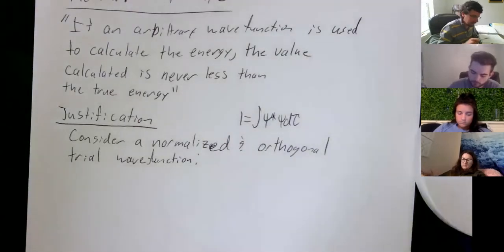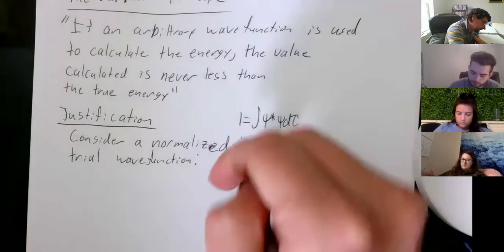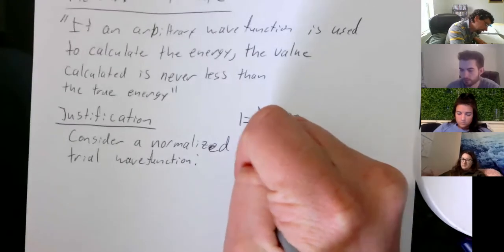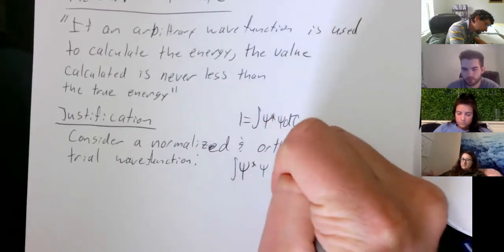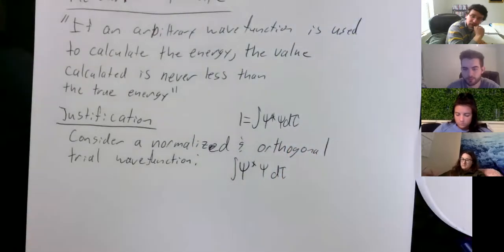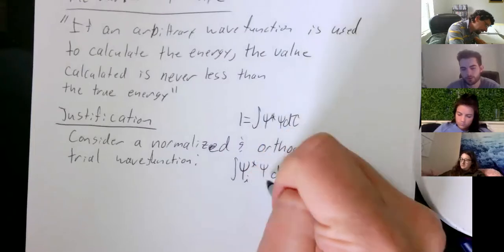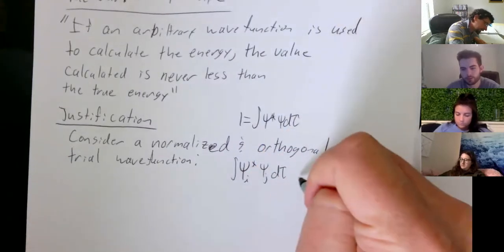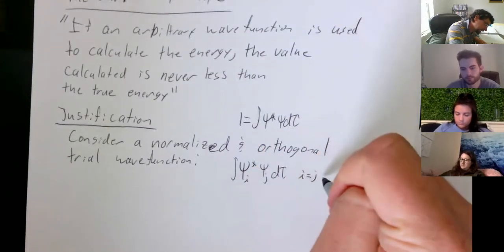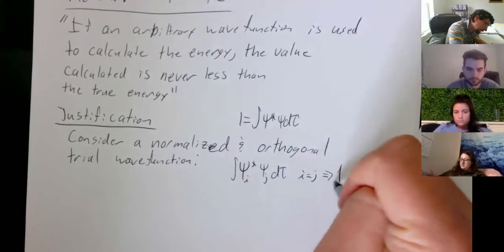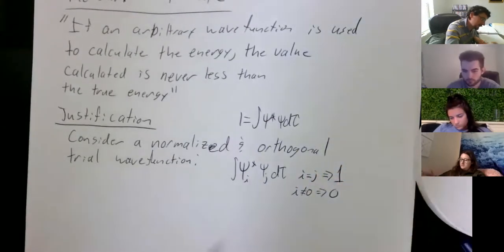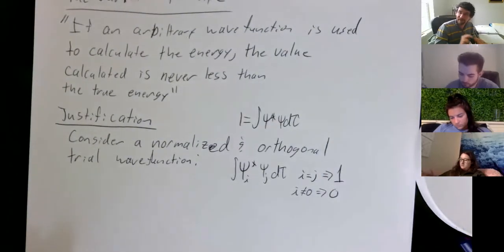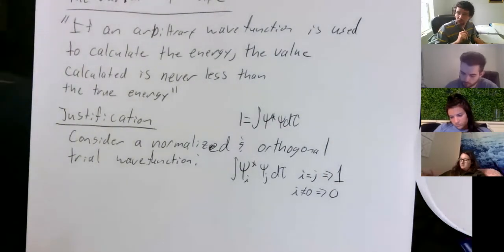Okay, the word orthogonal, what does orthogonal mean? You take the integral of phi times phi, with no operator in it. If those two are the same function, that should equal 1. If they're not equal to one another, the result is 0. So remember, that's what orthogonal means. That's going to help us out a ton in a little bit.